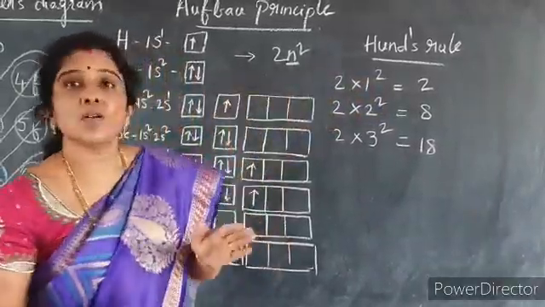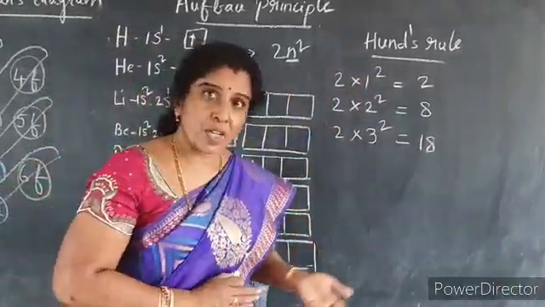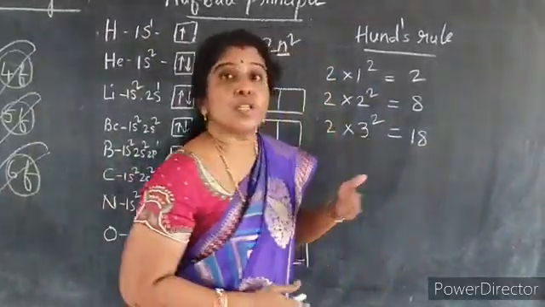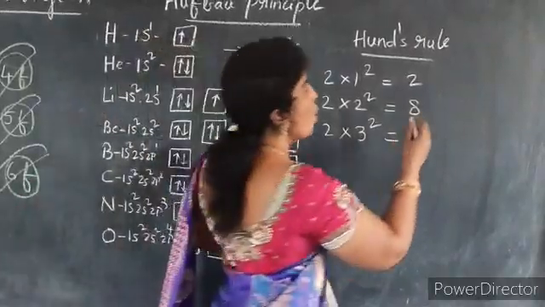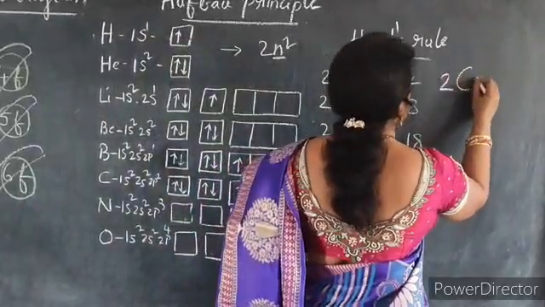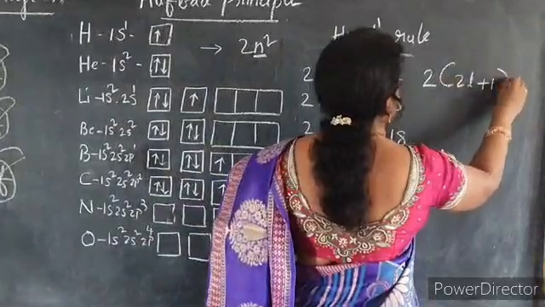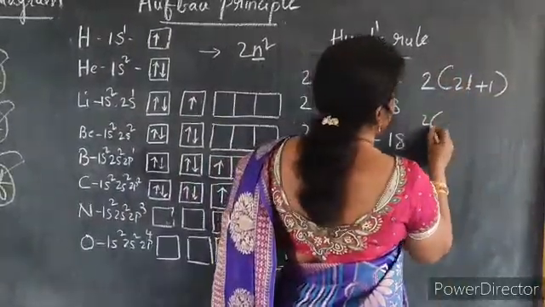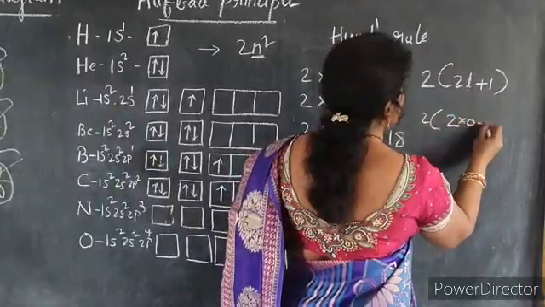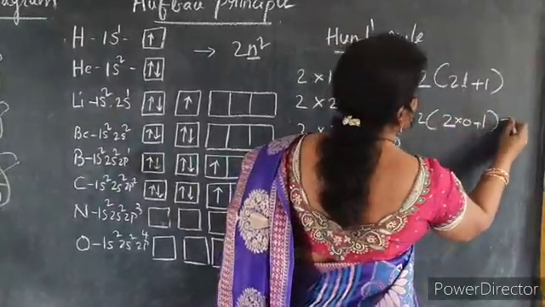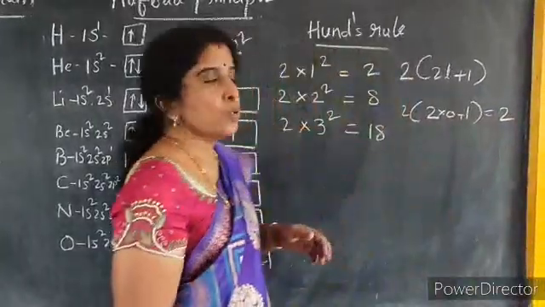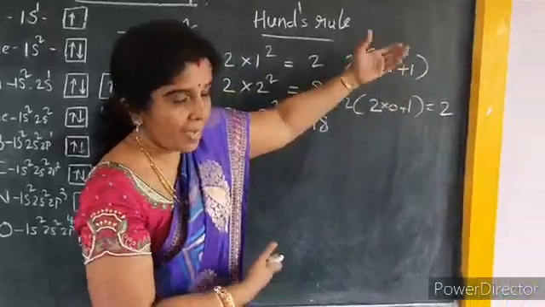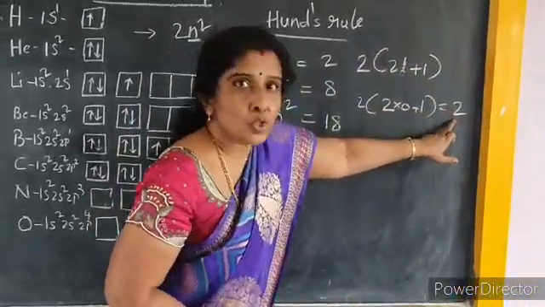Now how many electrons are present in the subshells? Where you have l values, where l is equal to 0, 1, 2, 3, the formula is 2 into (2l plus 1). For example, if l is 0, 2 into 0 plus 1, that will be equal to 2. So when l is equal to 0, in the s subshell, we have only 2 electrons.